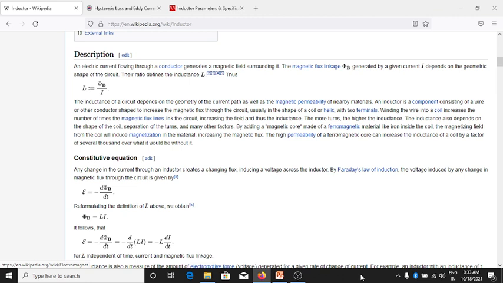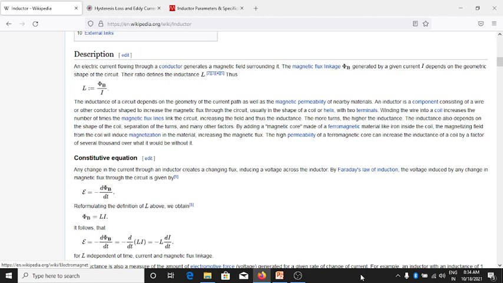The inductance of the circuit depends on the geometry of the current path as well as the magnetic permeability of nearby material. An inductor is a component consisting of a wire or other conductor shaped to increase the magnetic flux through the circuit, usually in the shape of a coil or helix with two terminals.